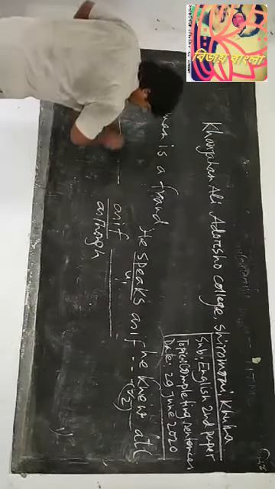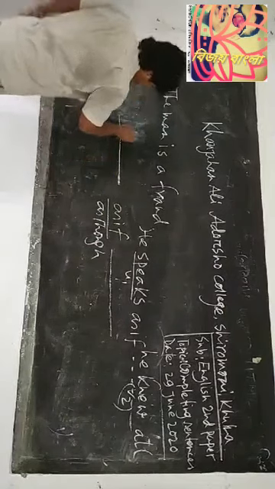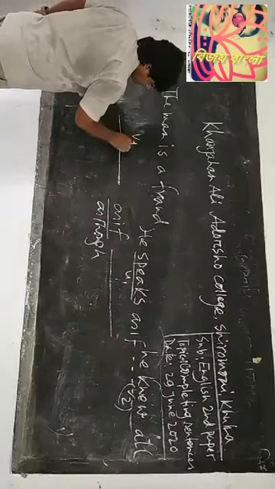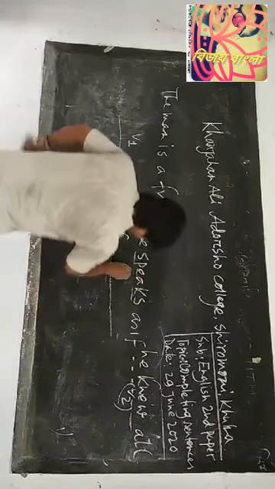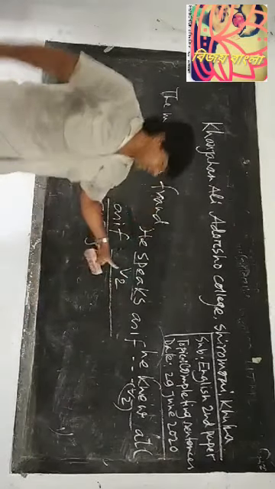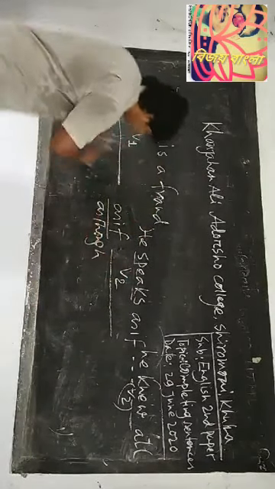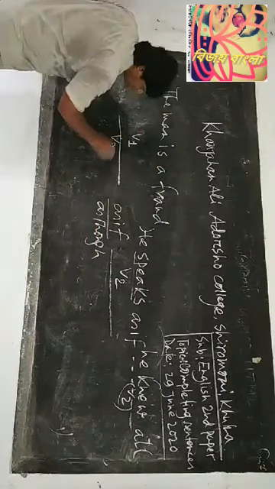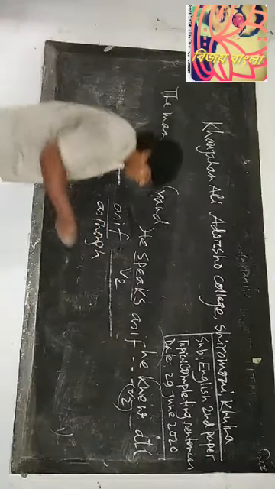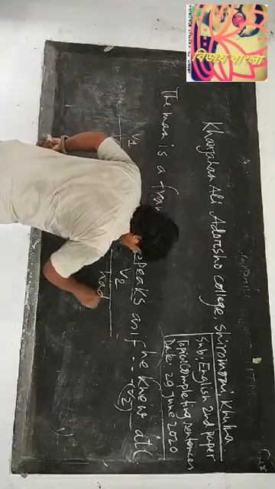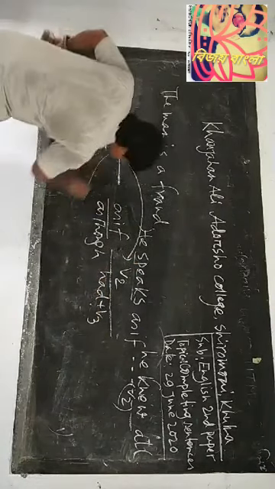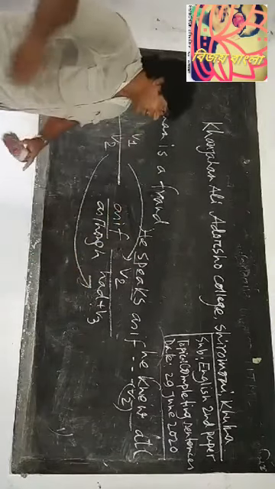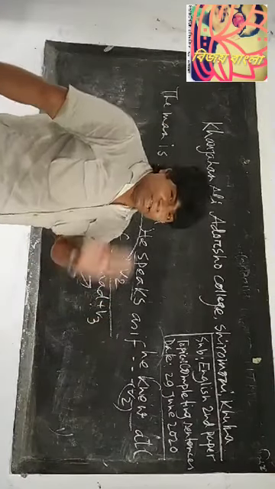Here at the left, if you find present indefinite, at the right, you must use past indefinite. At the left, if you find past indefinite, at the right, there will be had plus V3.